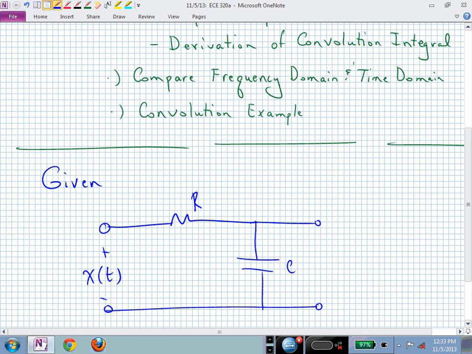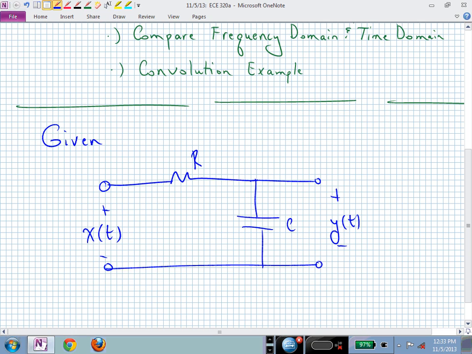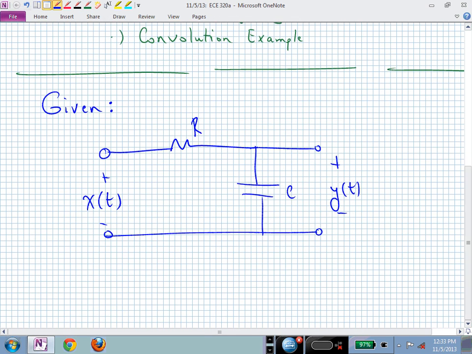That might be a voltage source. There is our output y of t. And if I was in a really good mood, I might say, here's a quiz. Can you now find the transfer function between the input x of t and the output y of t?